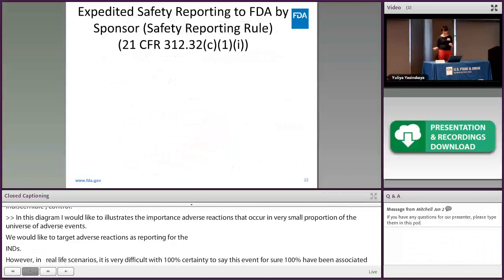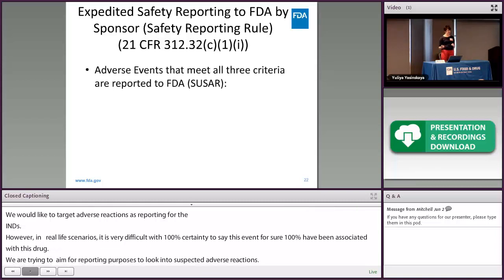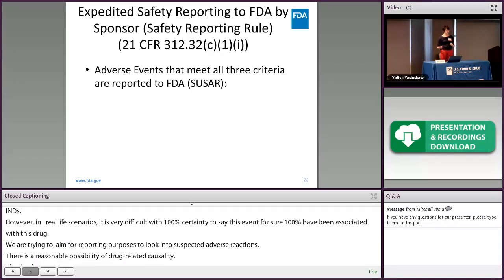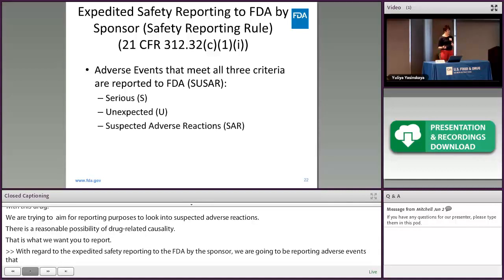With regard to expedited safety reporting to the FDA by the sponsor, we're going to be reporting adverse events that meet all three criteria: adverse events should be serious, S stands for serious; unexpected, U for unexpected; and suspected adverse reactions, SAR.